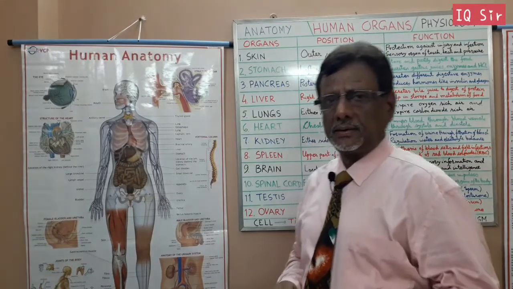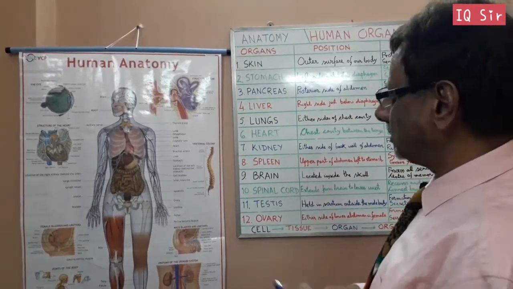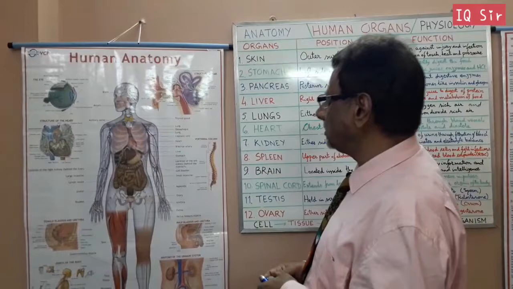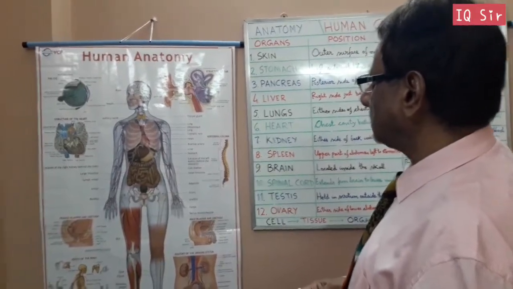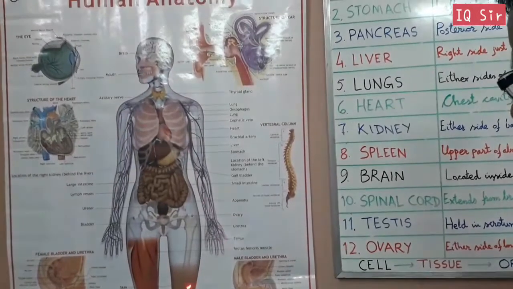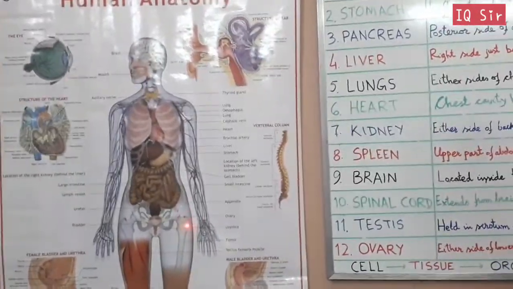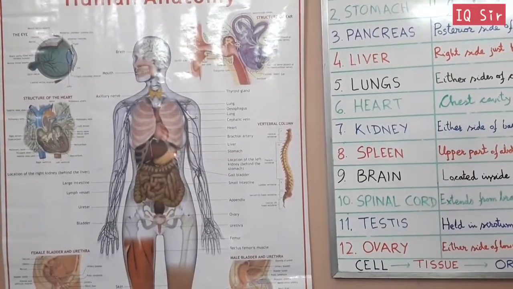So here I am trying to show the different organs in our body. It is a female body. You can see the skin is present all over the surface. Then the stomach is there.